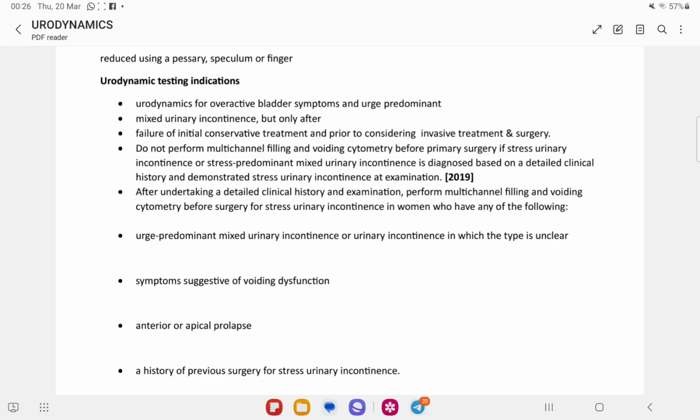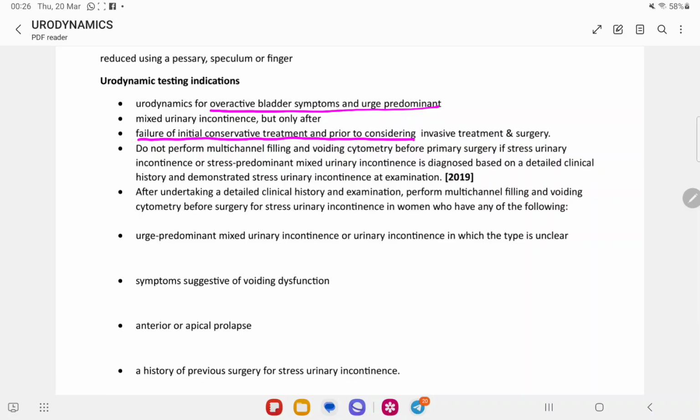Urodynamics is used for the overactive bladder and the urge predominant mixed incontinence. For both of them you will use it after the failure of the initial conservative treatment and invasive treatment prior to surgery.